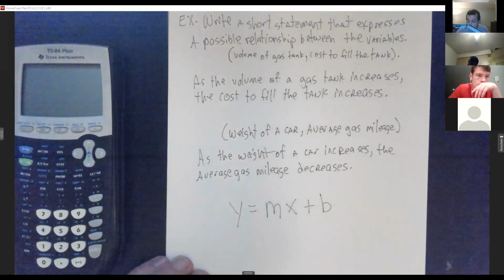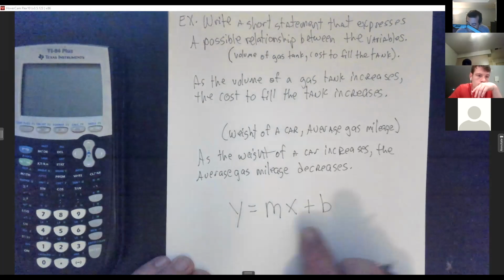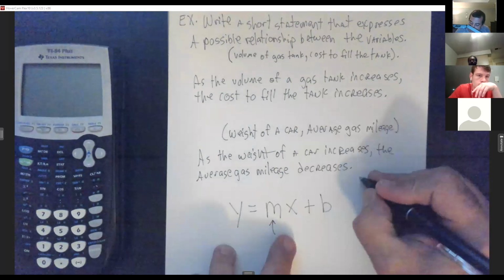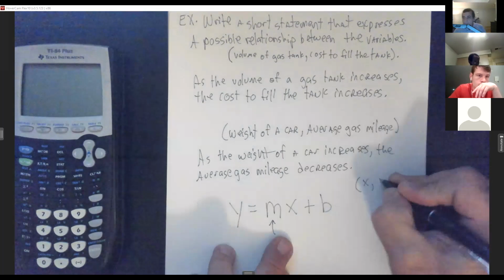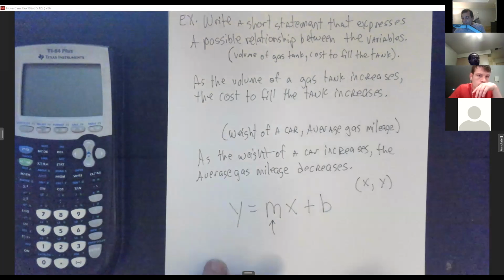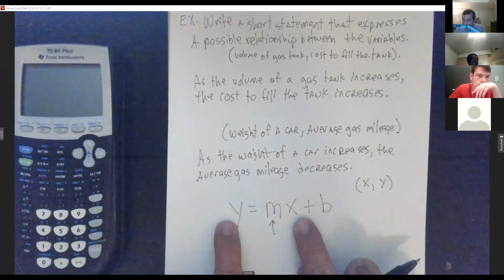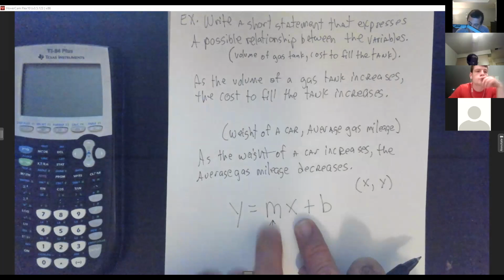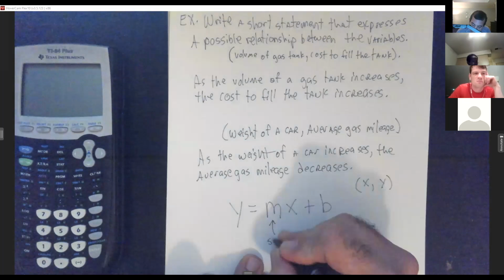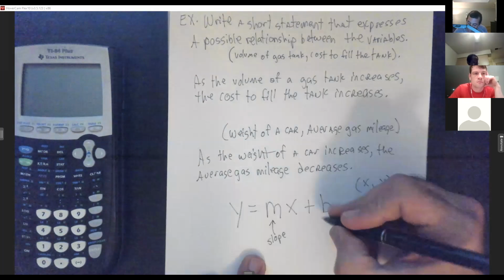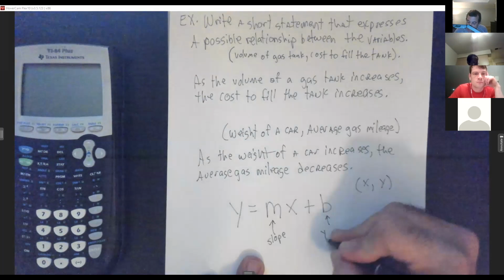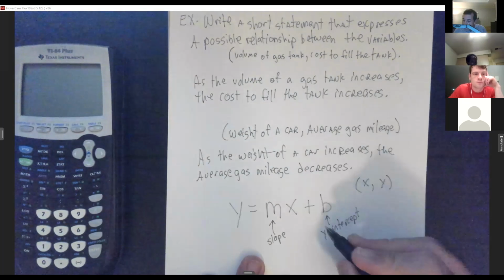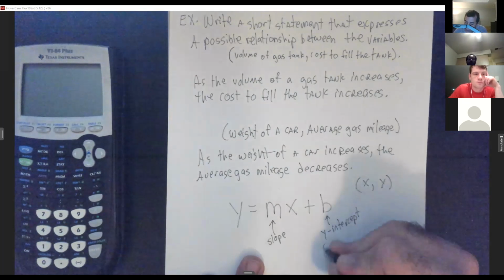So x and y are these points right here, the x and the y. But the m in here, m is the slope. And we'll look at this. b is the y-intercept. And really the y-intercept to me is just the starting point.